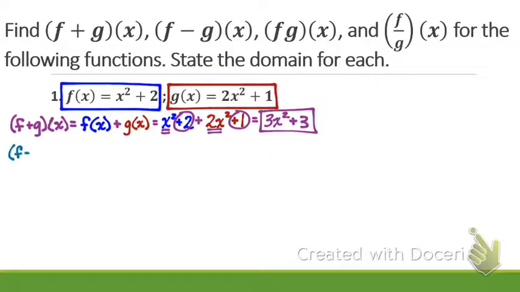When I go to do the difference of f and g, I have to be a little bit more careful. When I'm adding those 2 together, I don't have to worry about extra sets of parentheses. But when I'm subtracting 2 things, I do.